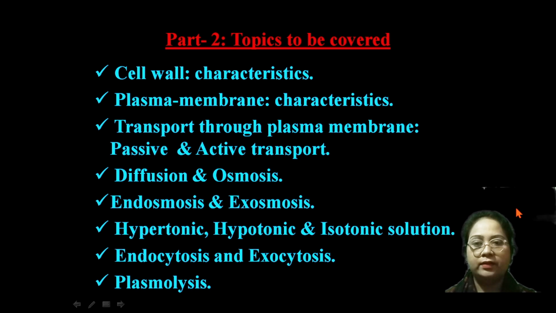Those topics are cell wall and its characteristics, plasma membrane along with its characteristics, transport through plasma membrane, those are passive and active transport, diffusion and osmosis, differences will also be there, endosmosis and exosmosis along with the differences, hypertonic, hypotonic and isotonic solution, endocytosis and exocytosis, and at last we are going to study about plasmolysis.